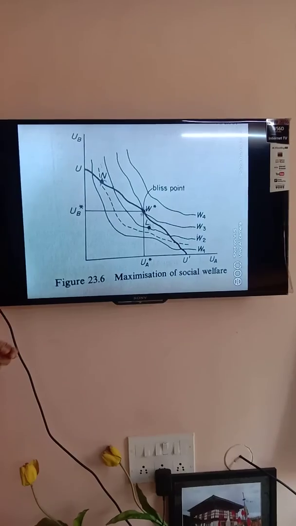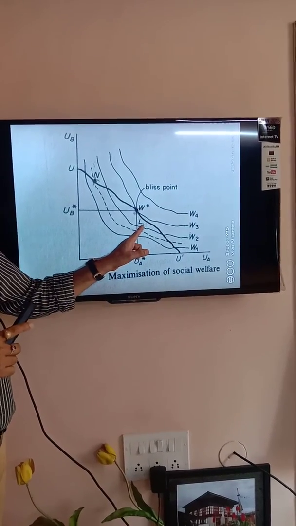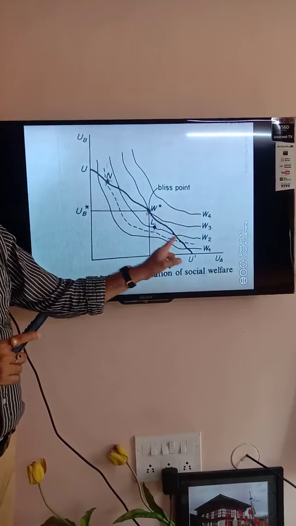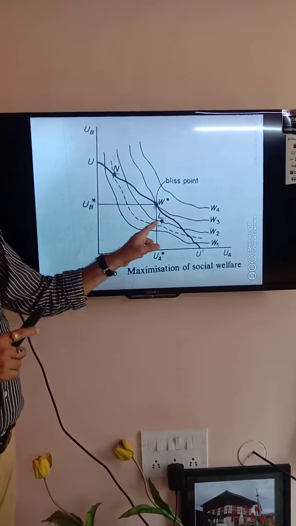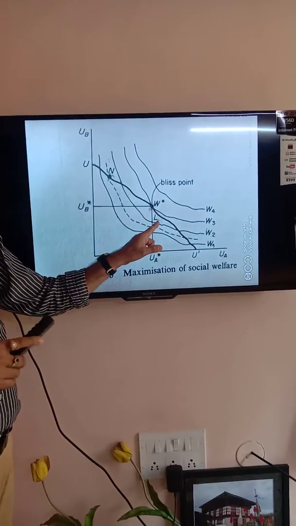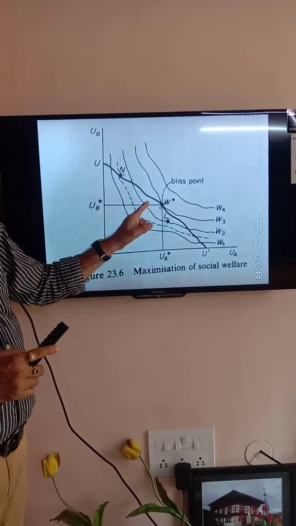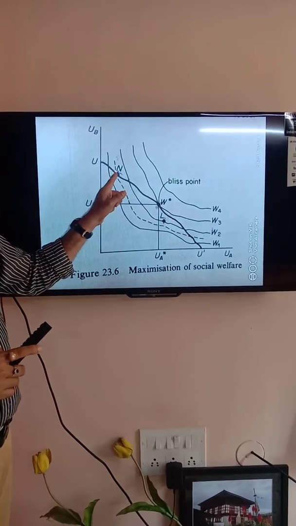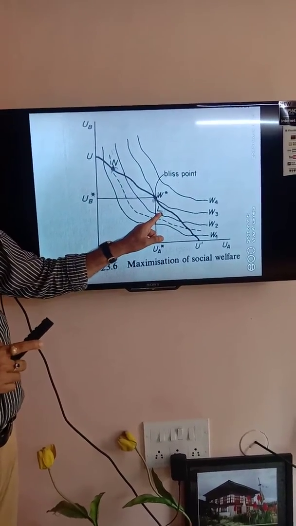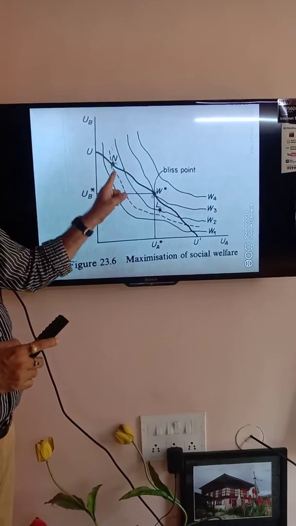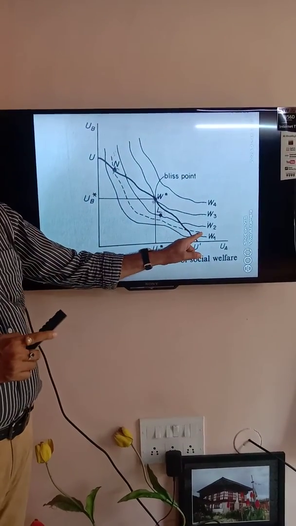But another point, interesting, L, you see, that is not on the GUPF, it is within the GUPF. So the Pareto optimality condition is not satisfied here. But if you consider N and L, then L is better than N, although L is not Pareto optimum. Why? Because L represents a higher welfare level W2 compared to N, where the welfare level is below W2.